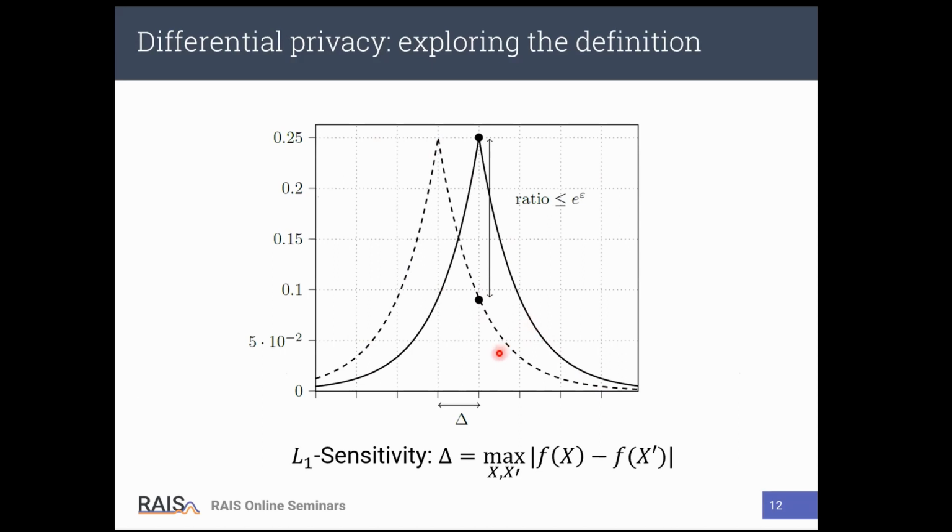But the point is you don't want this distribution to be too much different. And instead of enforcing an additive constraint, so you don't say, I want this to be only 0.1 more than this, you set a multiplicative constraint.